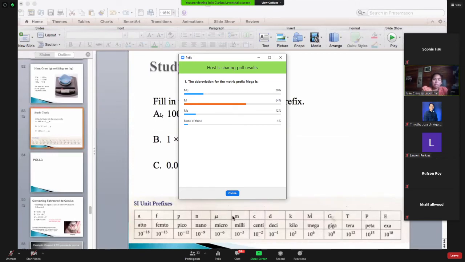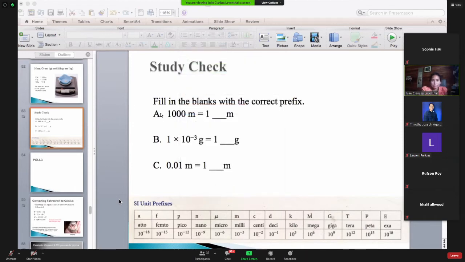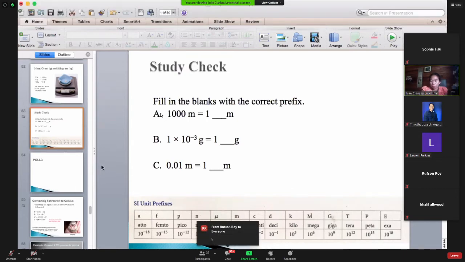Okay. Fill in the blanks with the correct prefix. 1,000 meter is which one? What is A? Very good. Okay, this is 10 to the 3 meters.